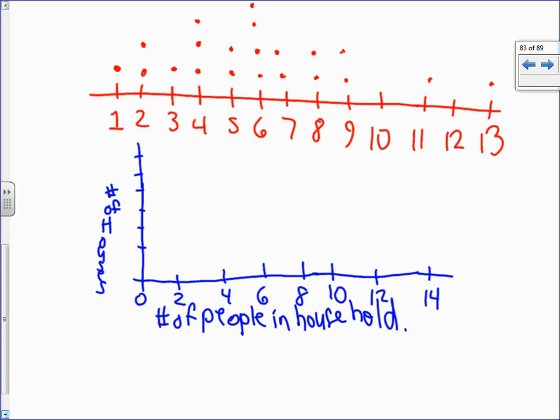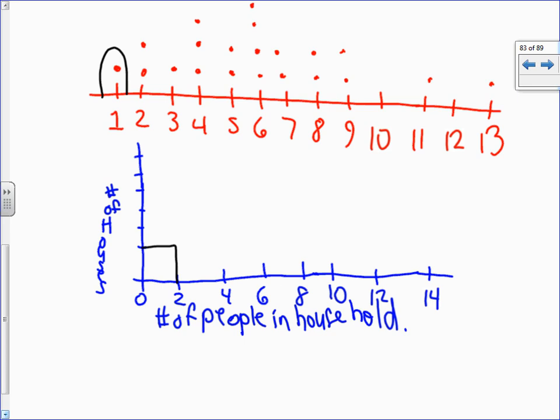So the first bar represents the number of people that have 0 or 1, but do I include 2 people in the first bar? No, because 2 people will go in the second bar. Okay. So this is my first bar, just 1 high, because that represents the number of people that have 0 or 1.